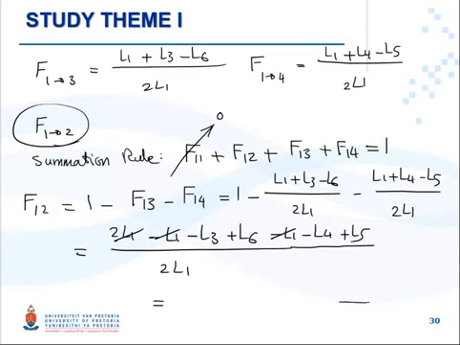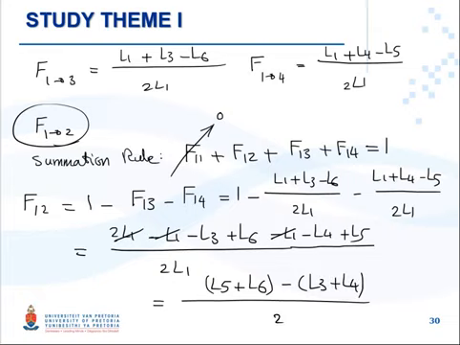So what we have is L5 plus L6 minus L3 plus L4 divided by 2L1. What is it? It is exactly what we got from the cross-string method. So no matter what method you use, the answer will be the same.